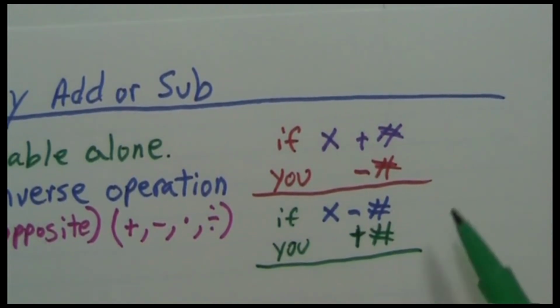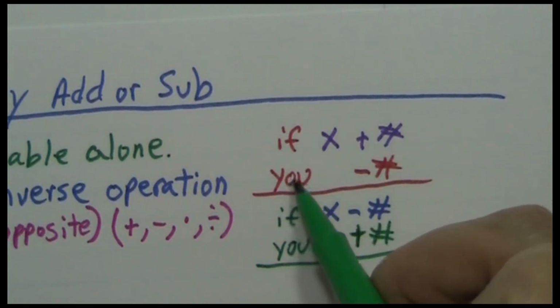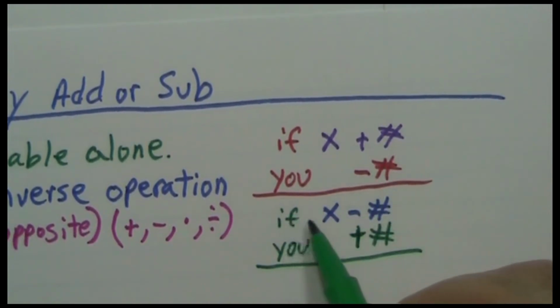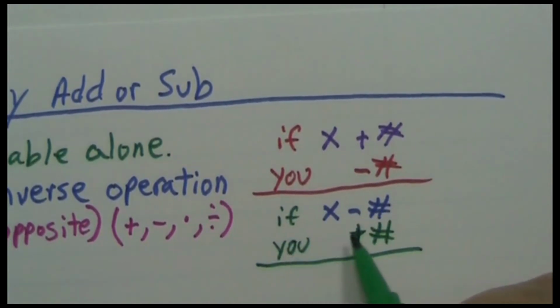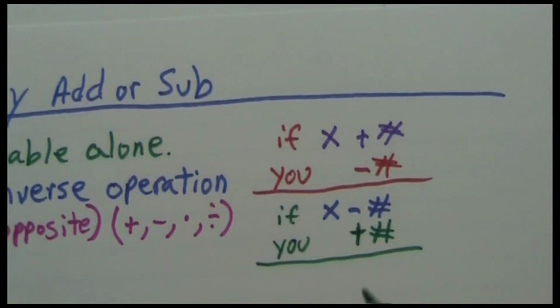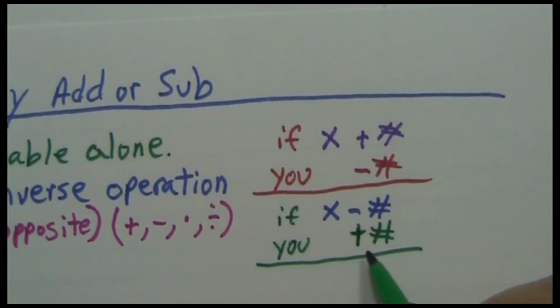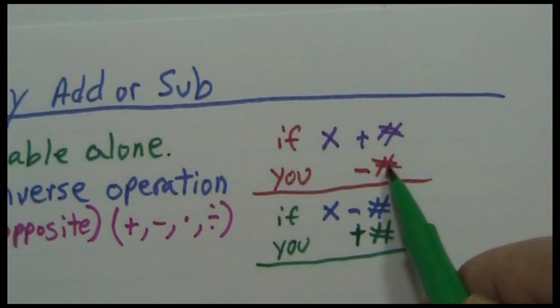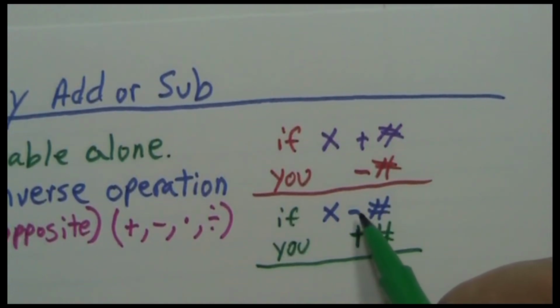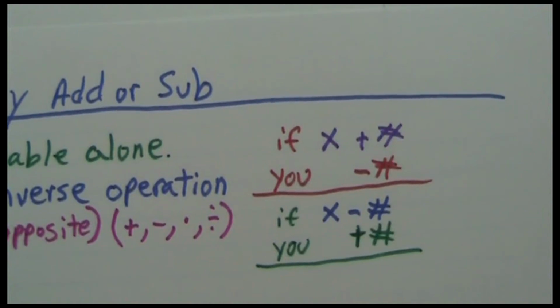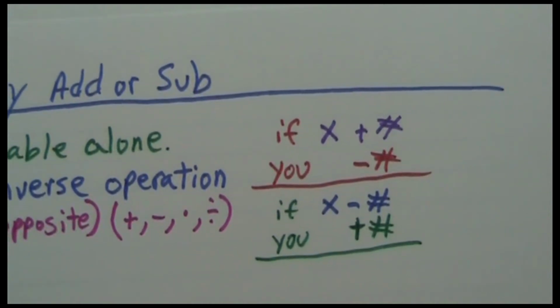Hopefully that makes sense. So if it's x plus a number, you would subtract the number. If it's x minus a number, you would add the number. You do the opposite. That's what we mean by inverse operations.